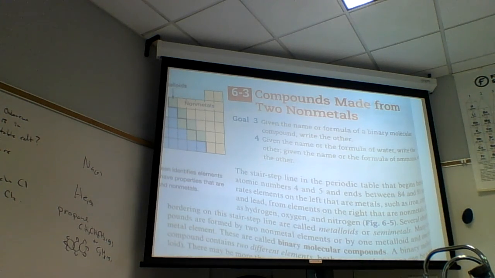So let's take a look at the types of compounds first, and we'll get into naming these. Okay, the first type of compounds we'll talk about are molecular compounds.